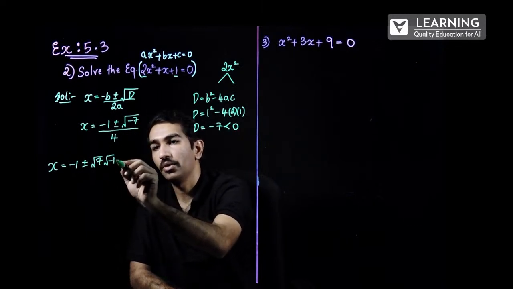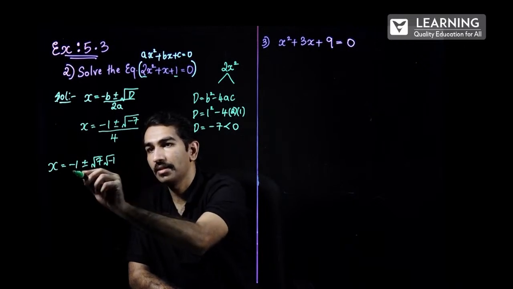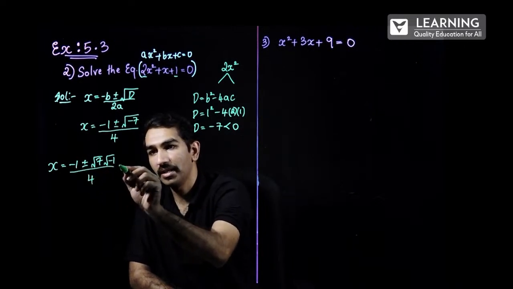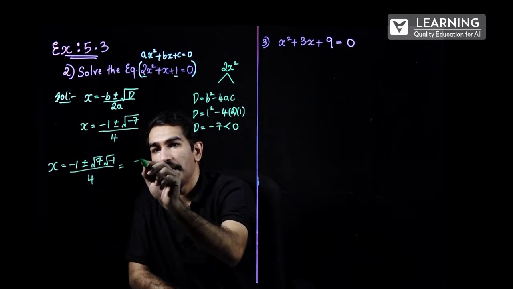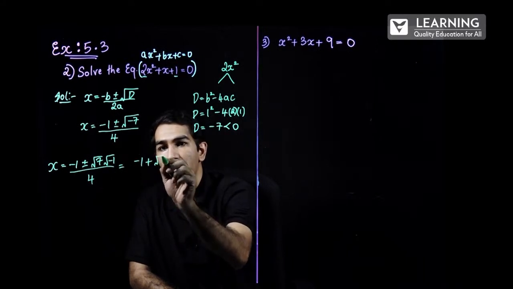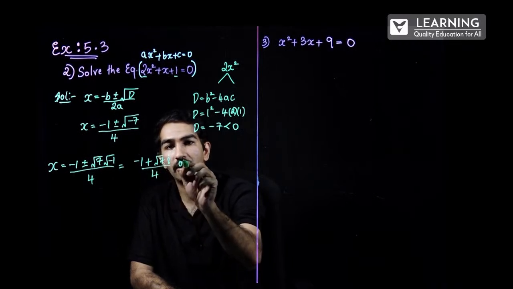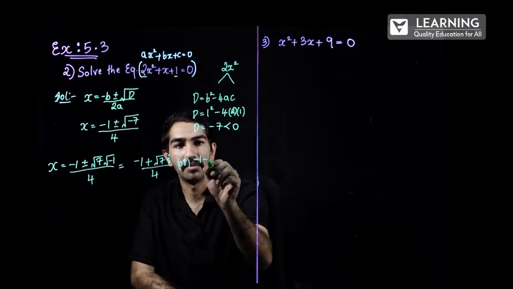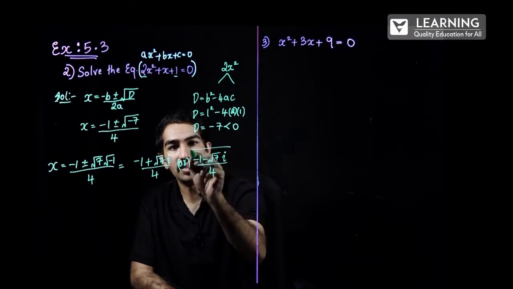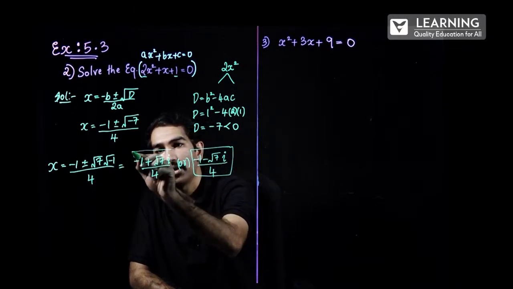So root of 7 into root of minus 1, we can write as root of minus 7 like this, the whole divided by 4. So finally we can write minus 1 plus root 7 i divided by 4, or minus 1 minus root 7 i divided by 4. So these will be the roots of the given quadratic equation.